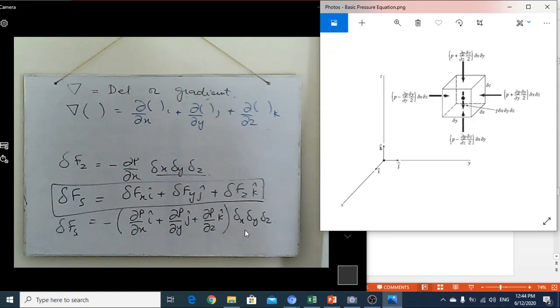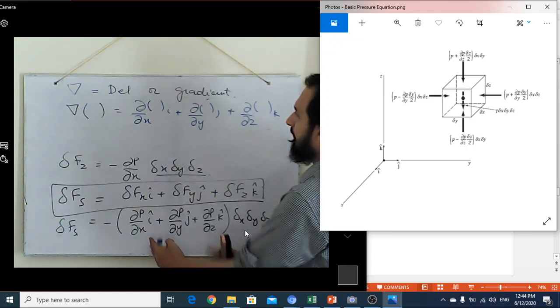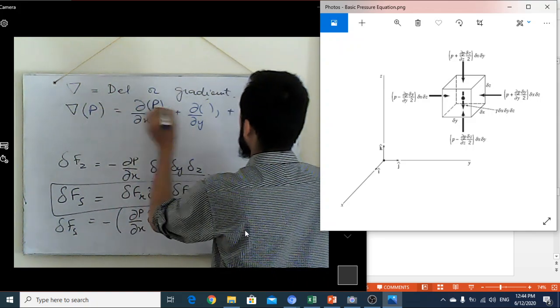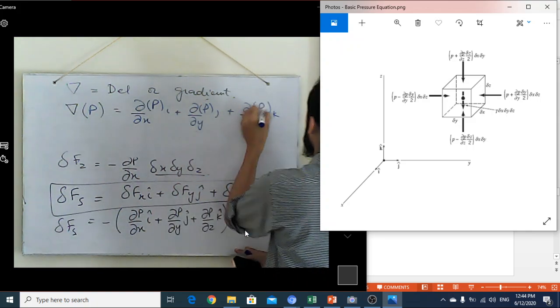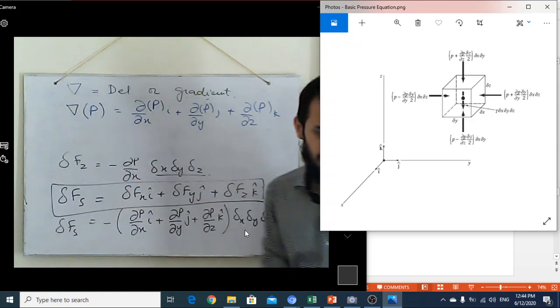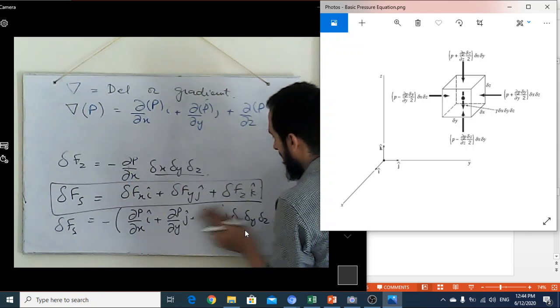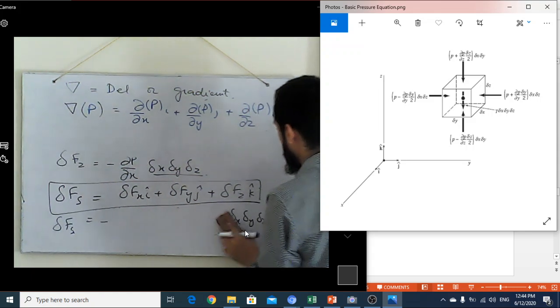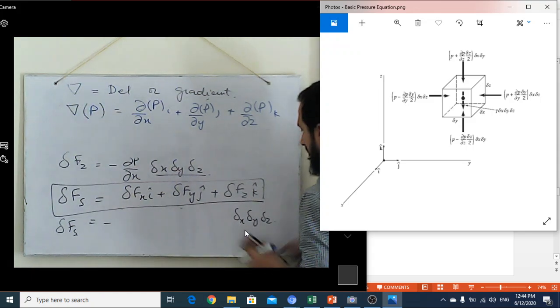So if we see, all these factors are including for pressure, and we can say that this complete factor will be equals to gradient pressure, and we put this in this equation here.